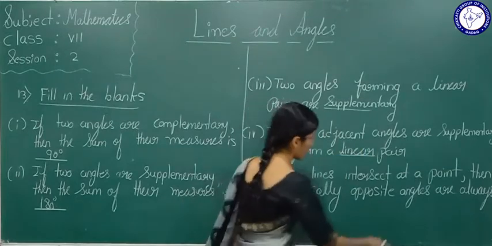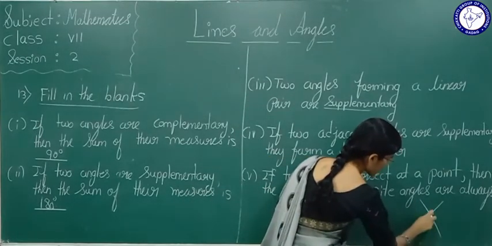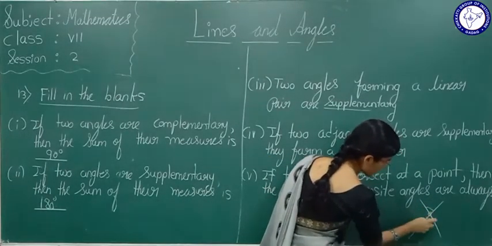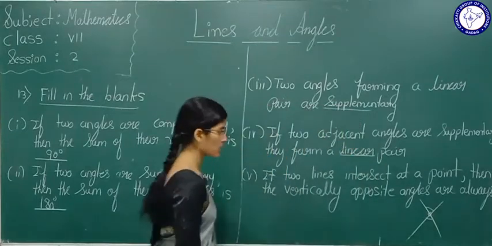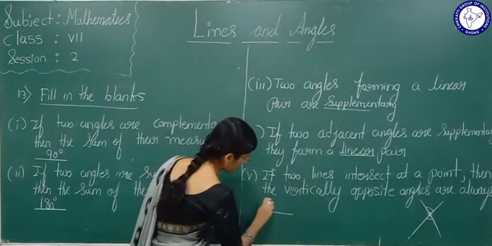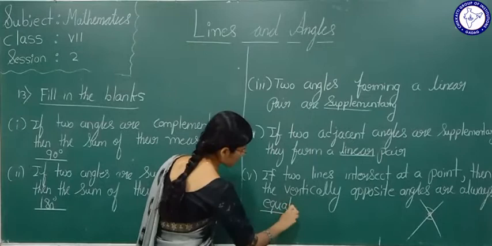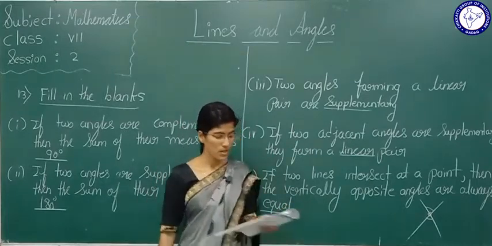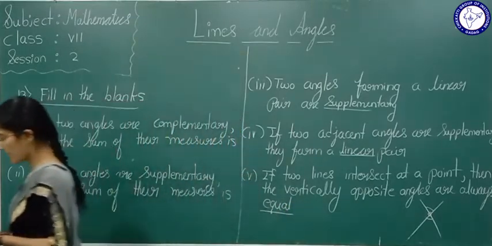Now see here, if two lines intersect at a point, then the vertically opposite angles are what? Are always equal. Okay. Now we will see the sixth one.